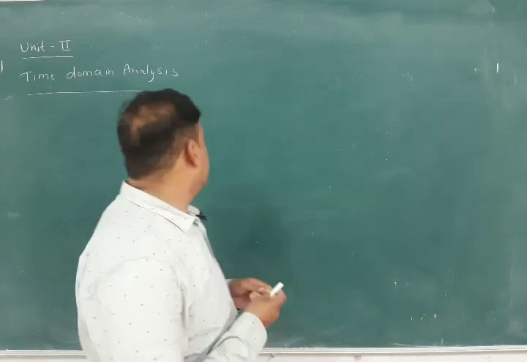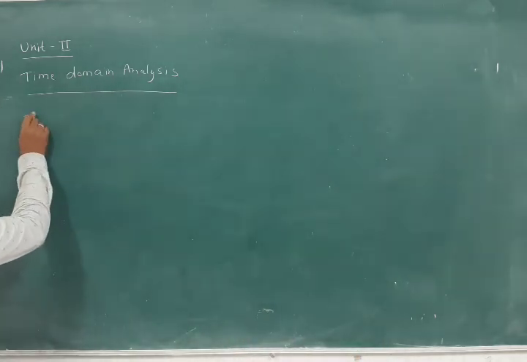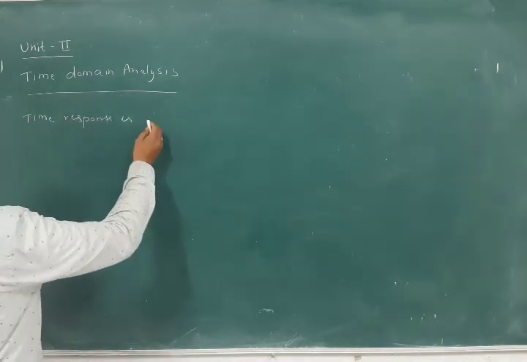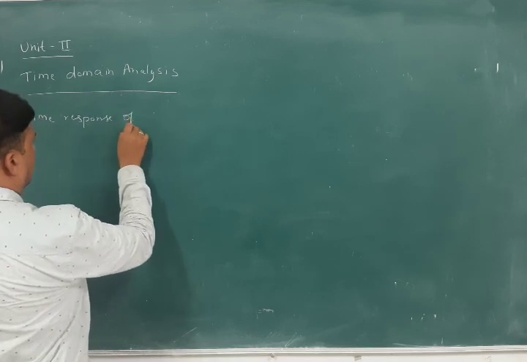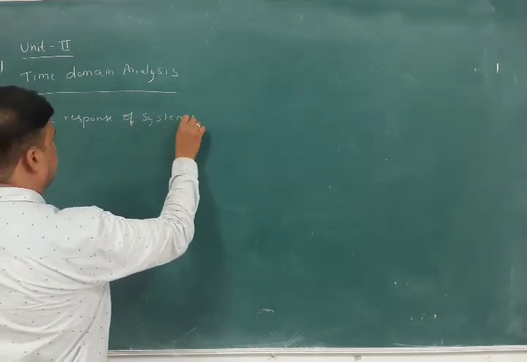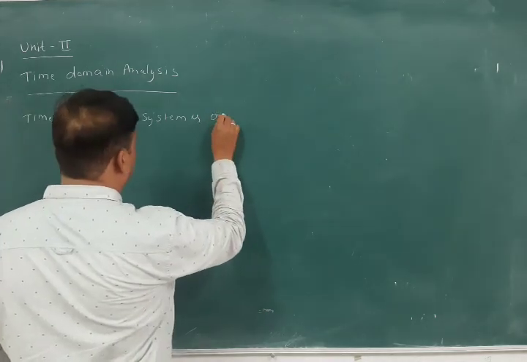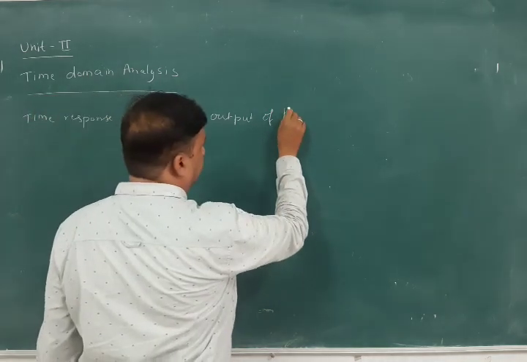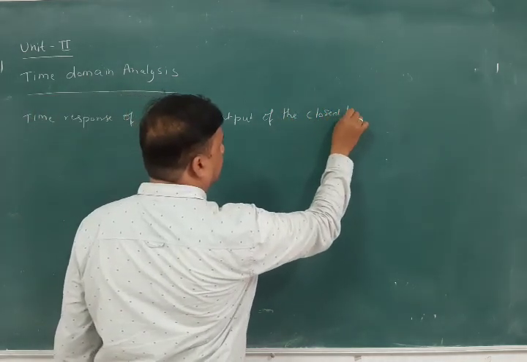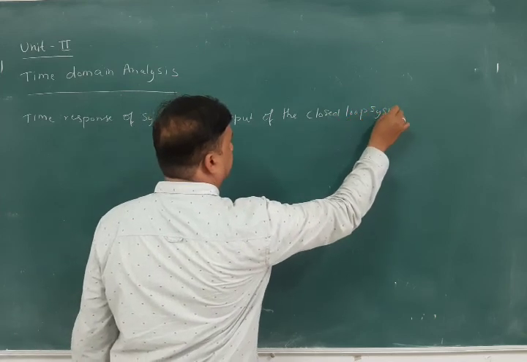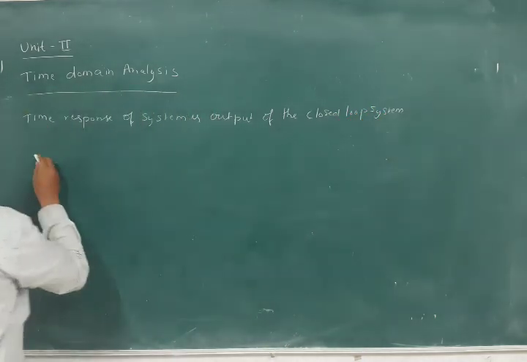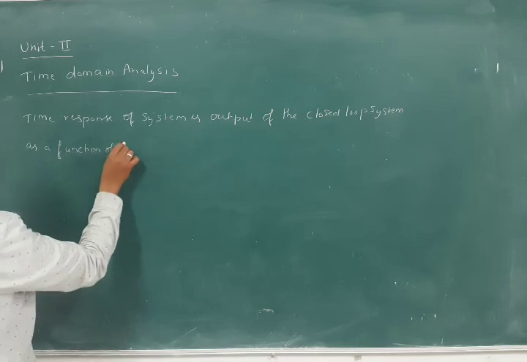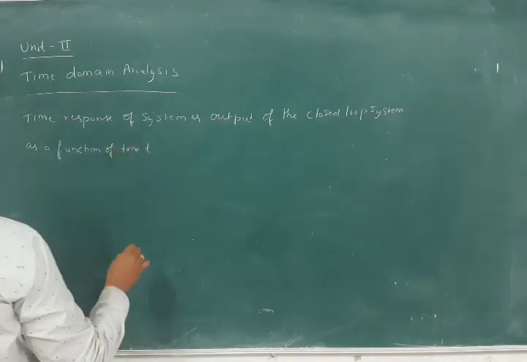Okay. Now, let us say what this time response is. Time response is the output of the closed loop system as a function of time t.